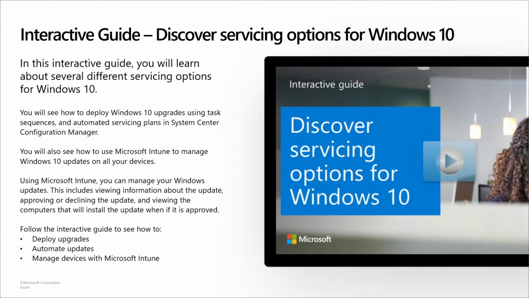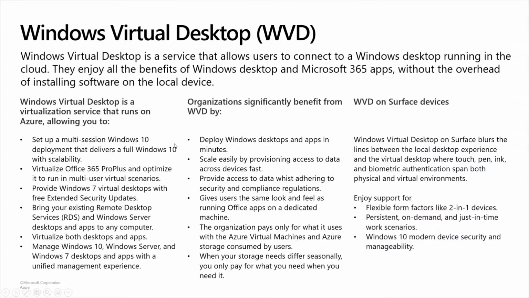We've got multiple guides that you can follow in this PPT file. All right, and then we have something that is in the cloud, and that is called Windows Virtual Desktop. This allows users to connect to a Windows desktop running in the cloud as if it is their local desktop.